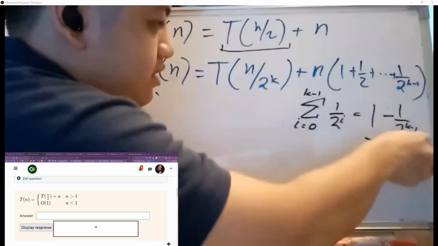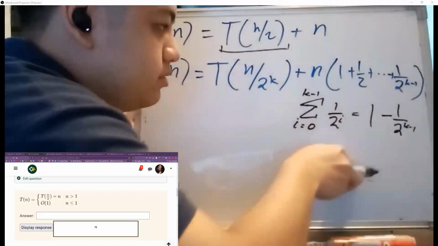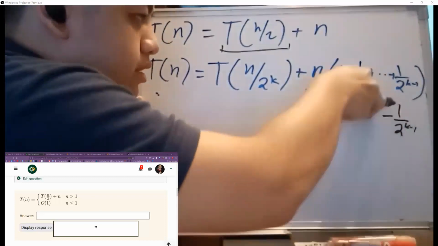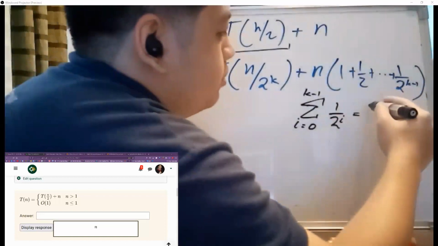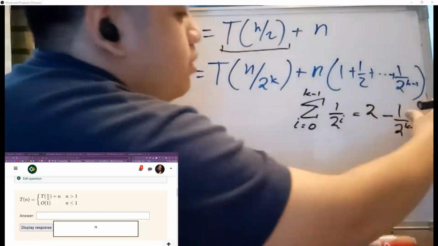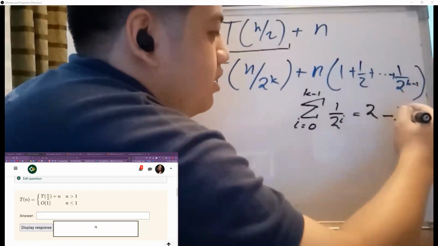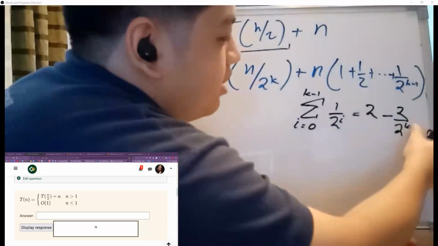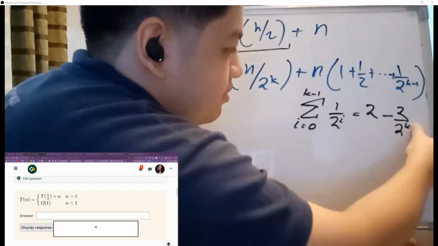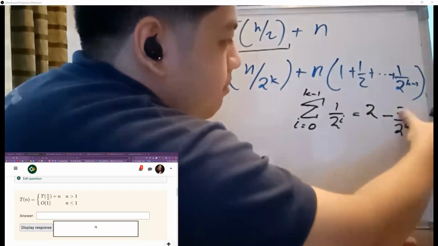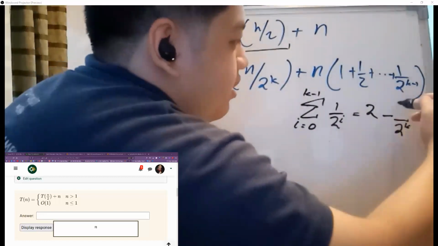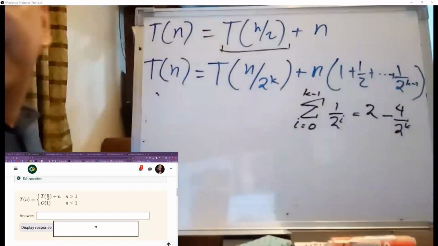So that is two minus 2 to the k minus 1. Pwede tayo magdagdag ng 2 sa taas, 2 sa baba, para maging 2 to the k na lang siya. So 4 over 2 to the k over there.